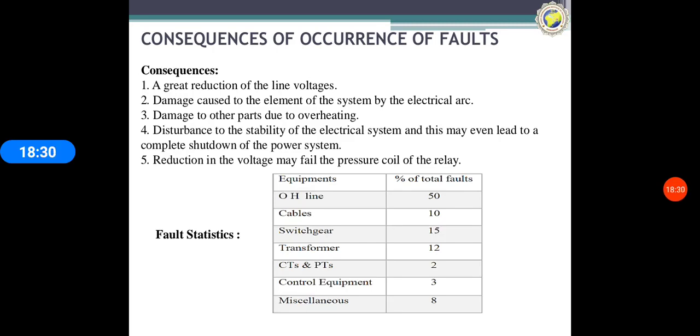Now the fault statistics: it means in our total power system, which type of fault occurs most often.